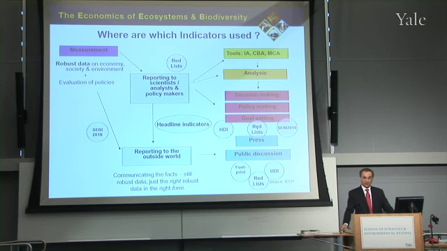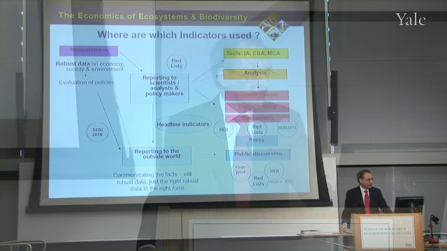SEEA indicators are used a lot in management, especially in the European Union, not surprisingly. Then you have a whole host of indicators like the footprint and the human development index, which are there in the space of public discussion, but also being used in terms of goal setting and policy making. And then finally, there's a lot which goes into just pure analytics and research papers. So there are actually different users and different uses for these indicators as well.